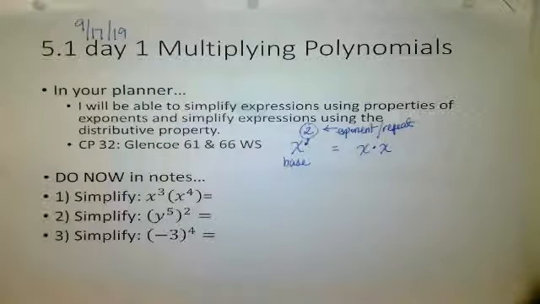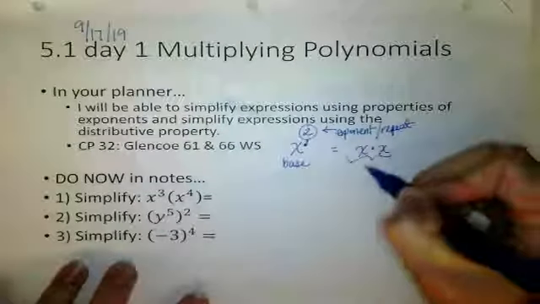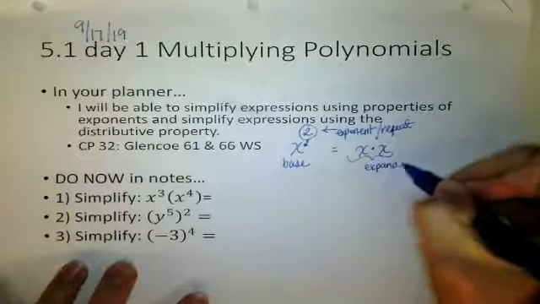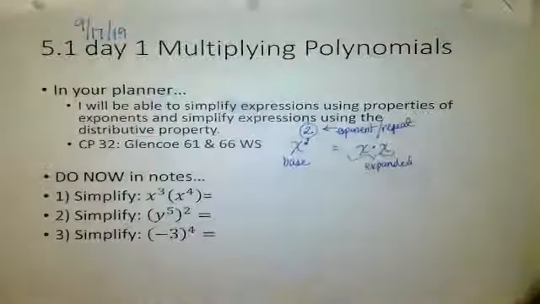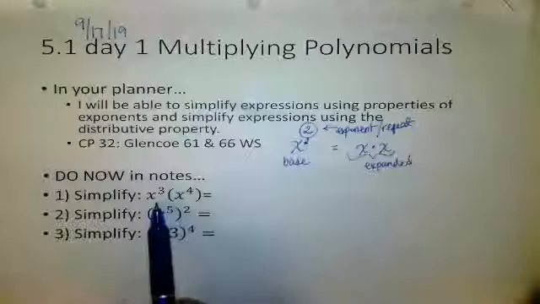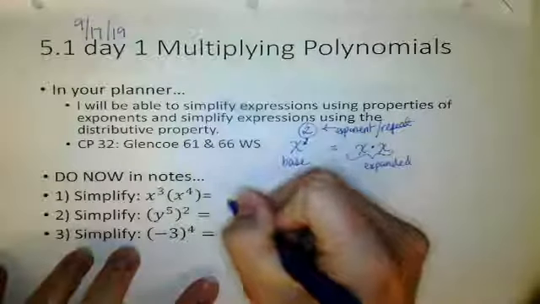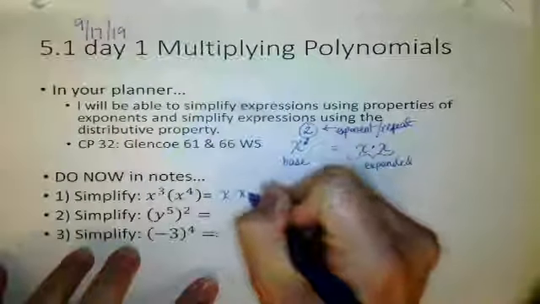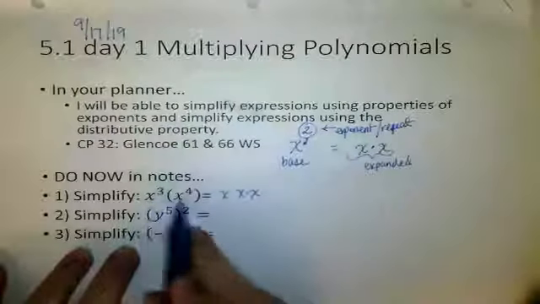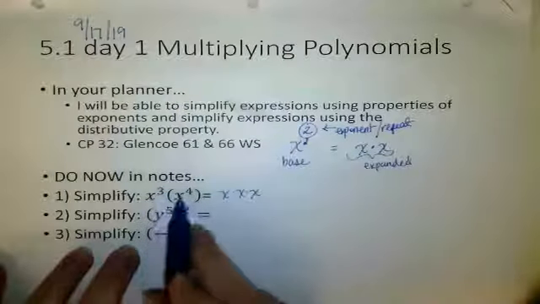And so, like on number 1, if I wanted to, and we call this expanded form, okay? It's expanded because you can see it's clearly written out. So if I wanted to expand x cubed, what would I write? X times x times x, sure. And of course, what operation is between the x cubed and the x to the 4th?